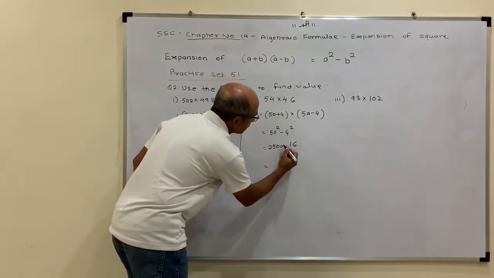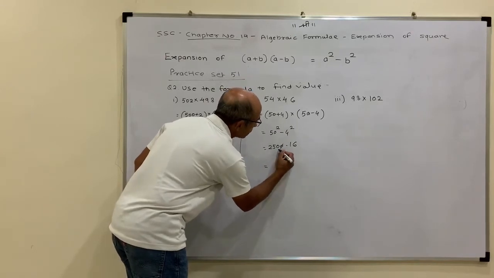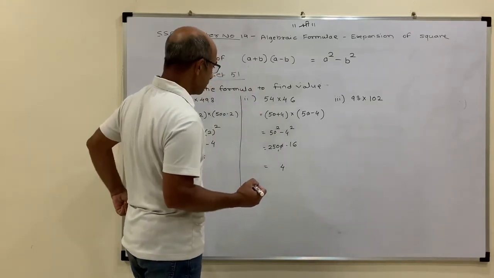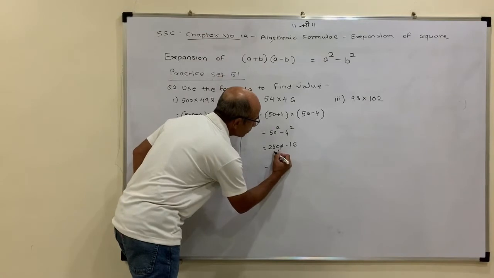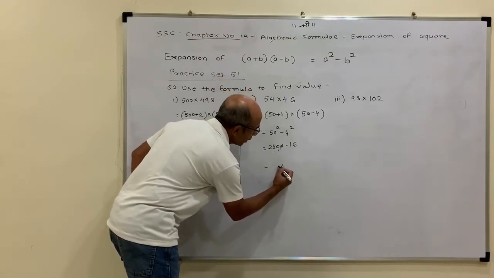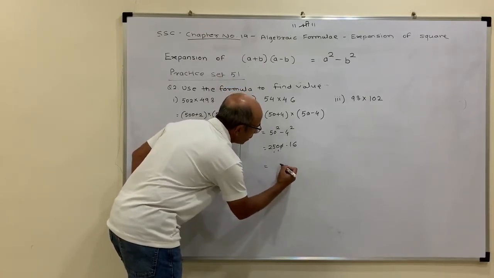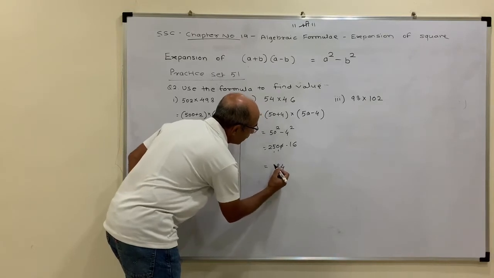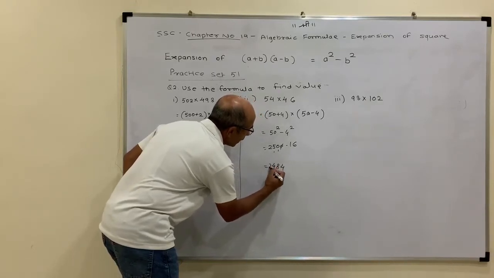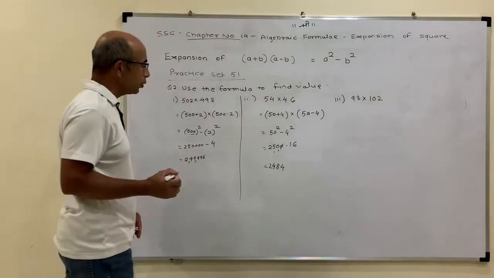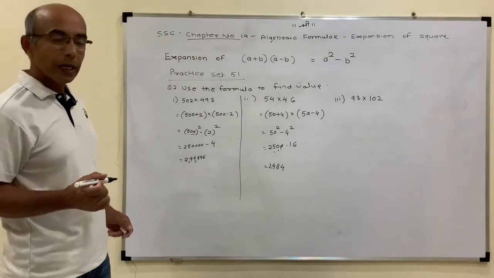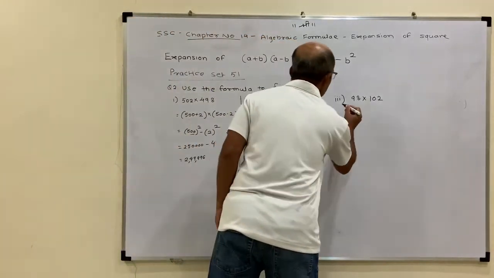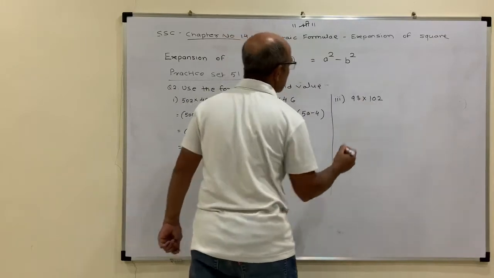So now I subtract: 6 from 10 gives 4, then borrow 1, and so on. My answer will be 2484.